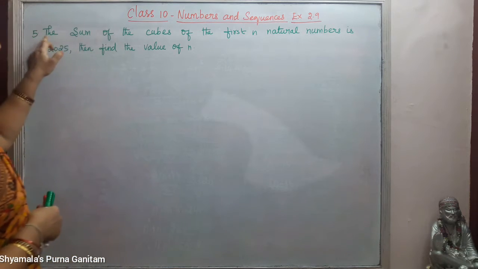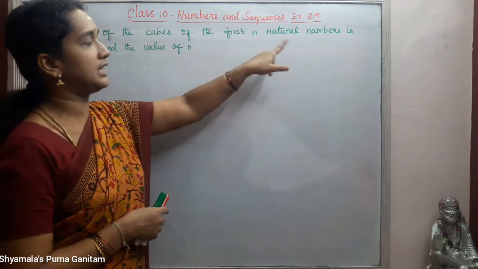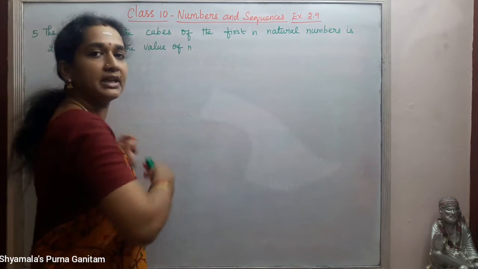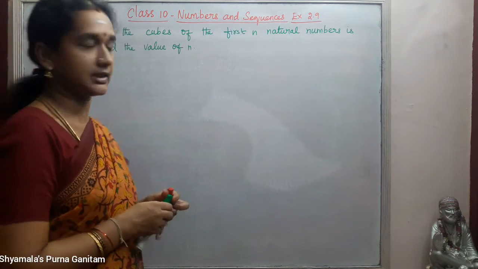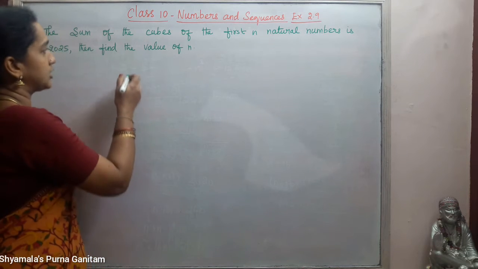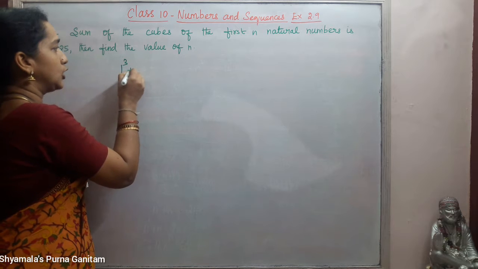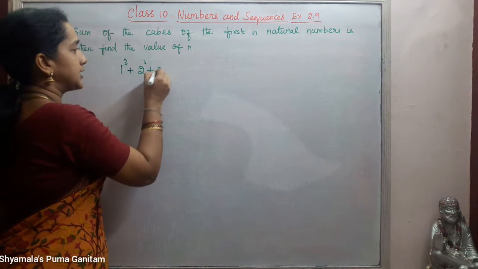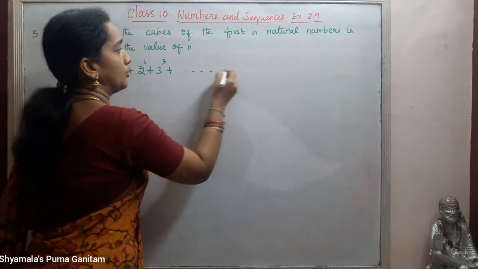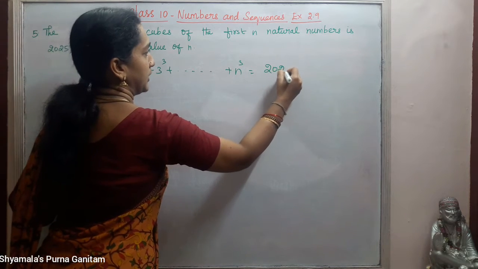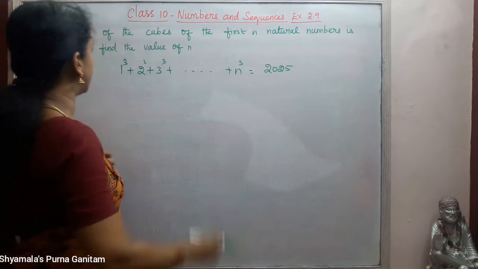Next sum is: the sum of the cubes of the first n natural numbers is 2025, then find the value of n. This is the question. Okay, this is like the previous question only. Sum of the cubes of first n natural numbers, so 1 cube plus 2 cube plus 3 cube plus up to n cube is equal to 2025.